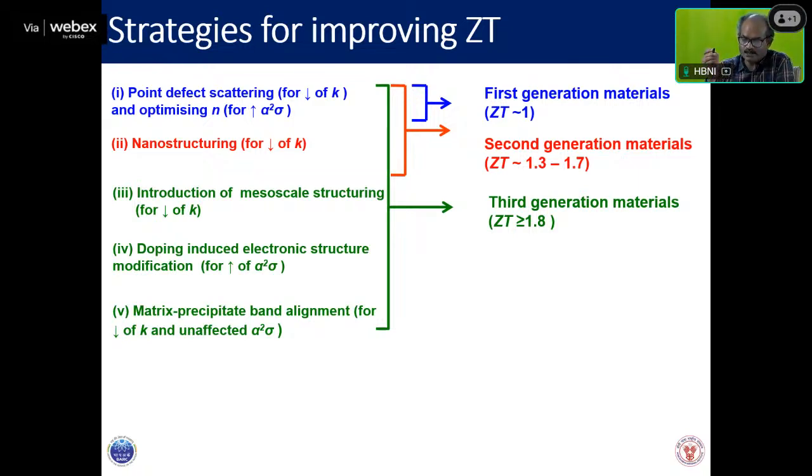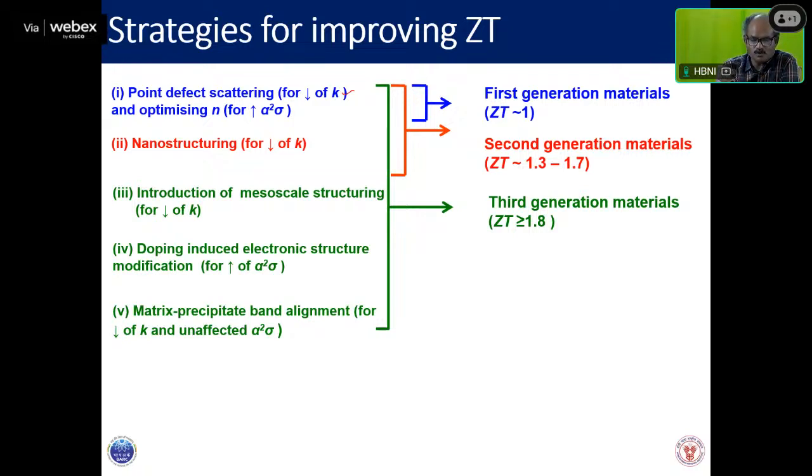Initially, in the first generation materials, the point defects were increased inside the matrix, and because of the increase of these point defects, the value of thermal conductivity was reduced. And as the thermal conductivity is reduced, because it is in the denominator, ZT will increase.